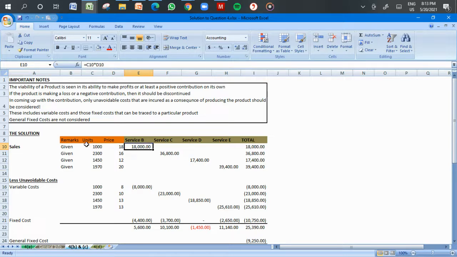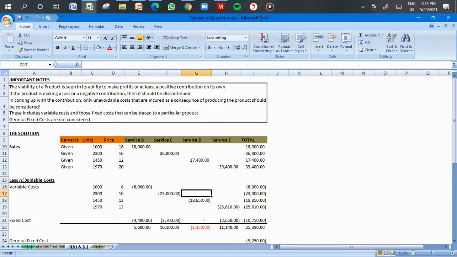After giving those important notes, I calculated the contribution for each product. Say we had 8,000 sales, and then the avoidable costs.